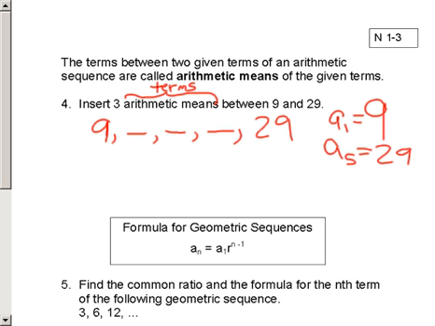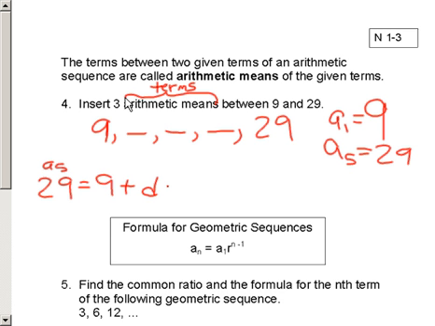So now how can we find the 3 in the middle? You can use the formula, right? You can write A5 equals A1 plus D, we don't know, times N minus 1. What's N minus 1?